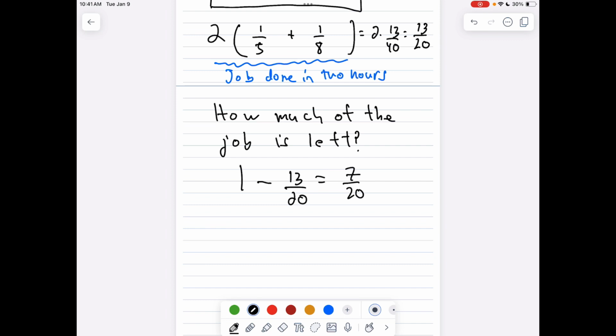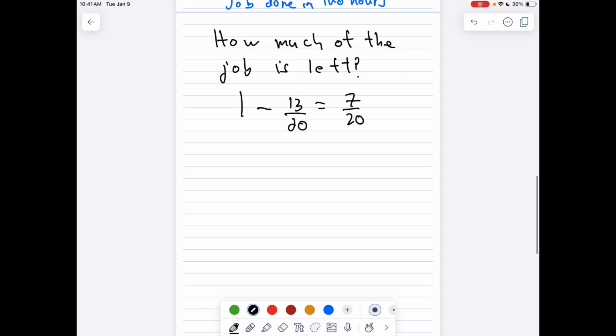That's how much the fast pump has to do. So the question is, how much time would it take to complete that job? The job it has to do is 7/20ths of the pool remaining to empty.